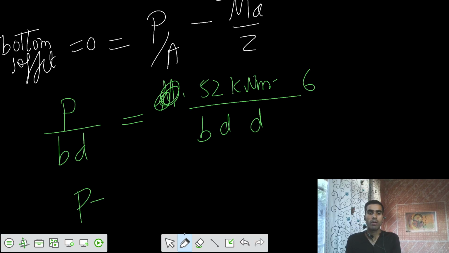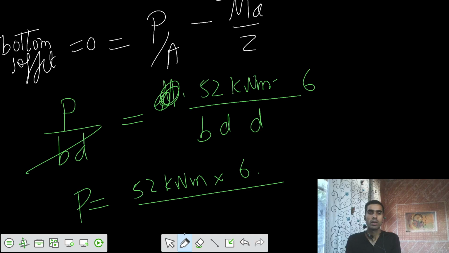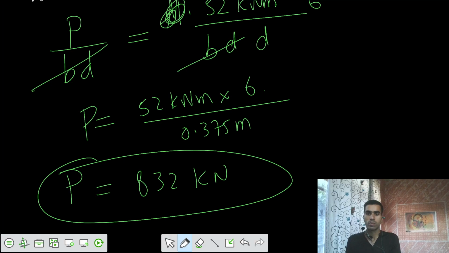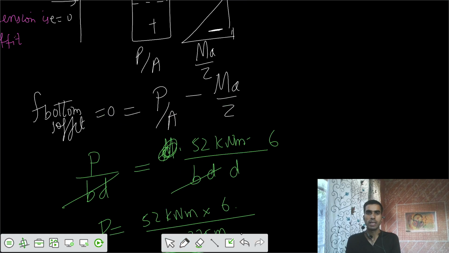So P is equal to 52 kilonewton meter into 6 divided by B divided by the value of D, that was 0.375 meters. So you would get a value of P equals 832 kilonewton. Did you get this problem? I think it was easy.